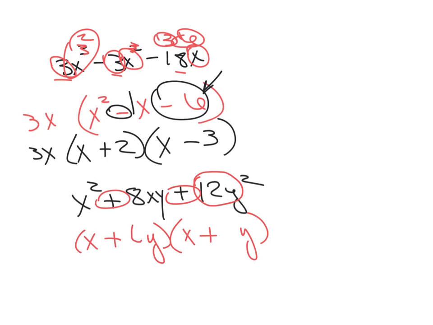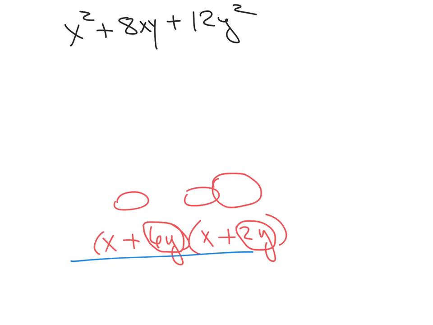So if I put a 6 times 2, what do I get? I get a 6y and a 2y multiplied together are going to give me 12y squared. 6 and 2 is 8, and I've got my y here, because when I add 6y plus 2y, I get 8y, but what about my x? Well, let's look and see what happens here.